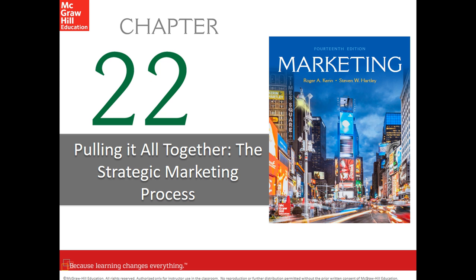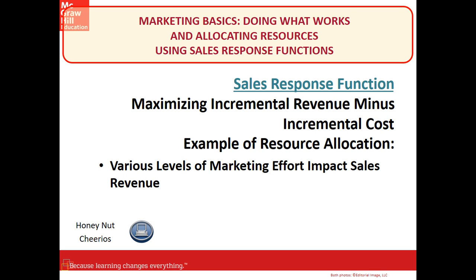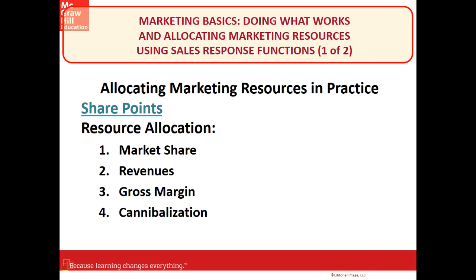And then in chapter 22, the last chapter, we put everything together, all the chapters we have covered, 21 chapters in this semester. And that's strategic marketing, okay? Marketing strategies. And things I want you to pay attention to: what are share points, what is resource allocation, okay?